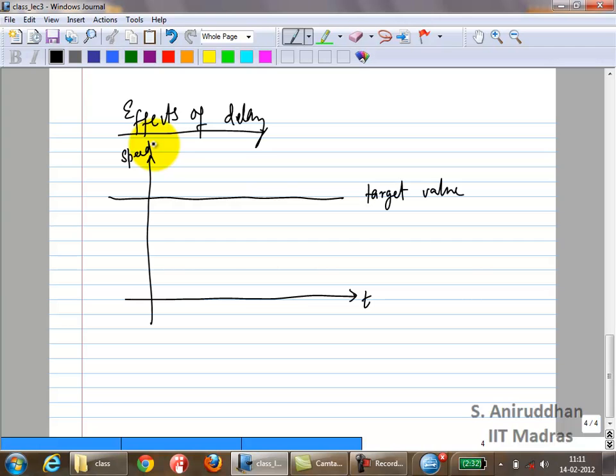And so what do you think is going to happen in the time domain? He's trying to increase the speed. Earlier we looked at what happens for a first order system without any delay. What do you think is going to happen?